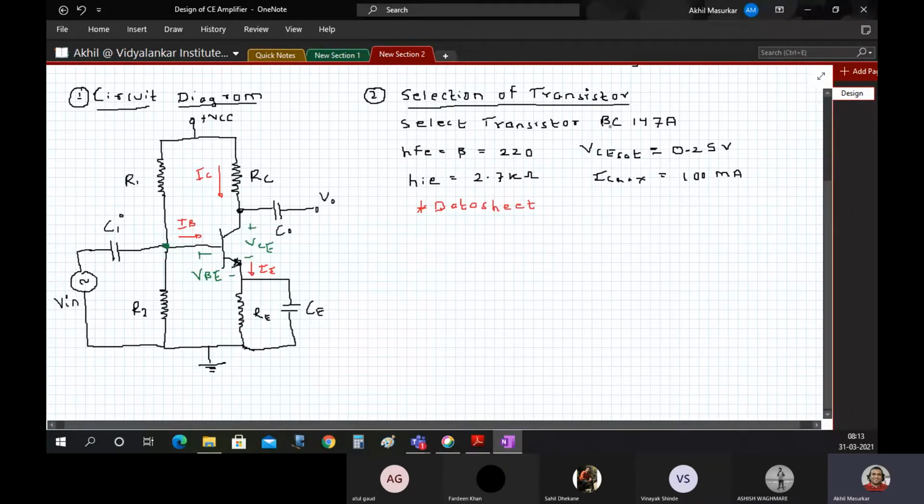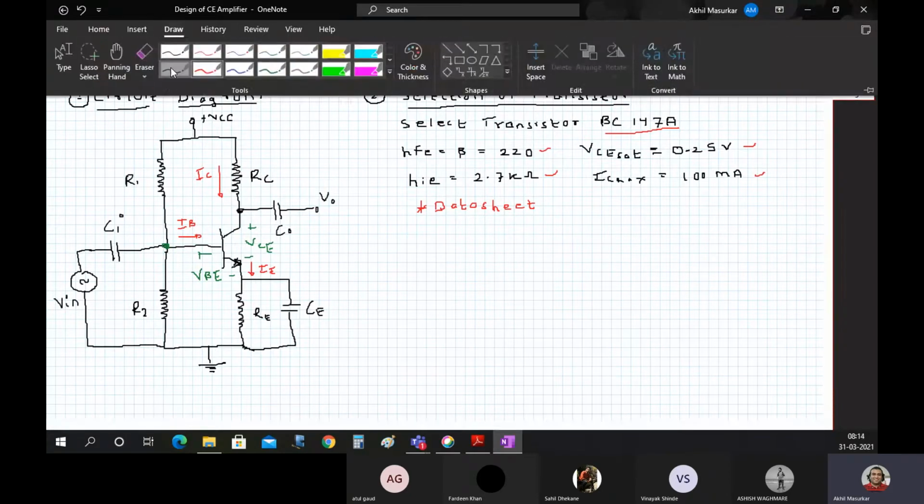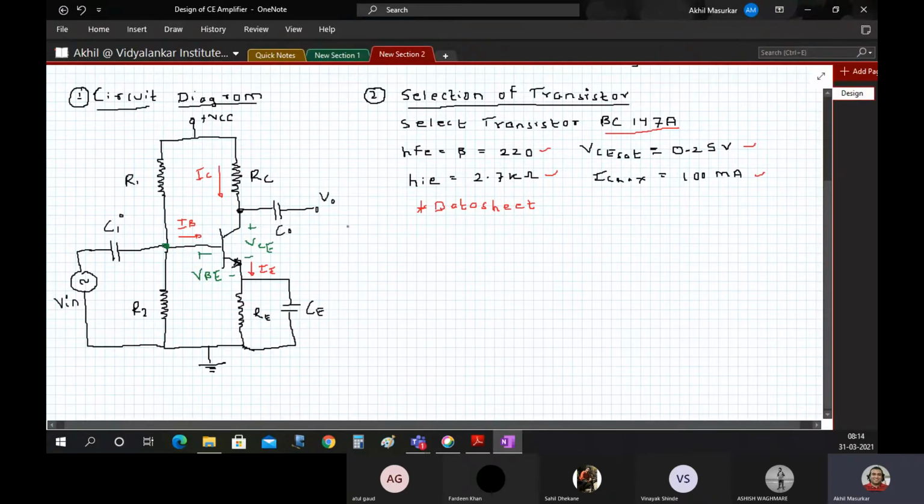That means if you change this transistor to something else, these values are going to change. Okay. Next point. Let us always start with RC, RE, then R1, R2.